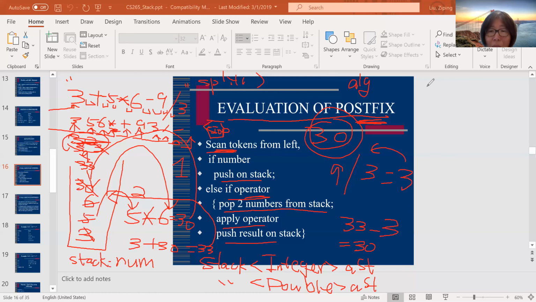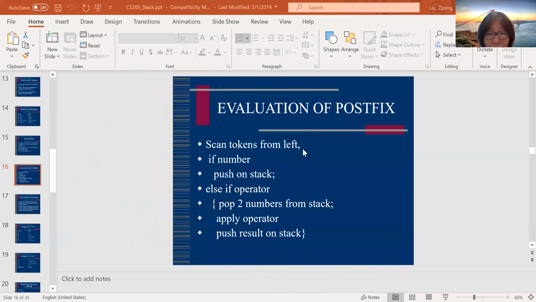Okay, so what we discussed is an example of how to do the evaluation of postfix. So it's a postfix evaluation algorithm. And during the algorithm, there's a couple of things we also need to be careful about, because not all postfix expressions are legal, is it?